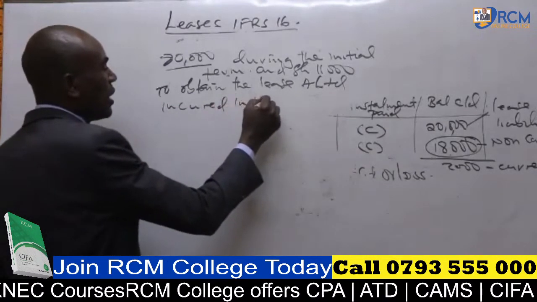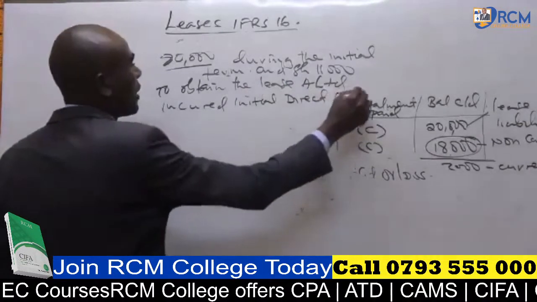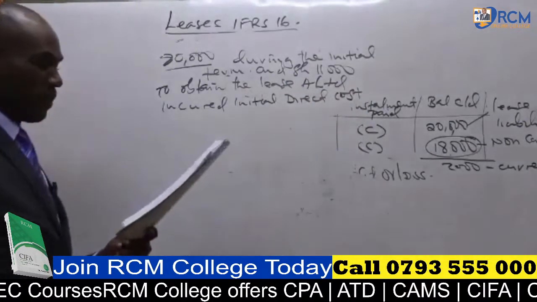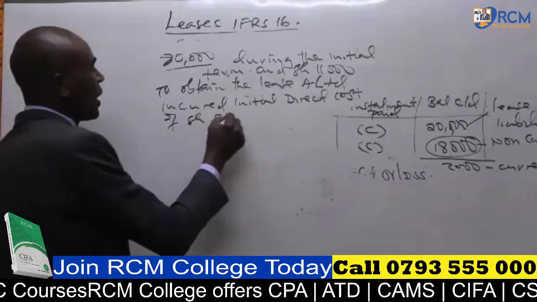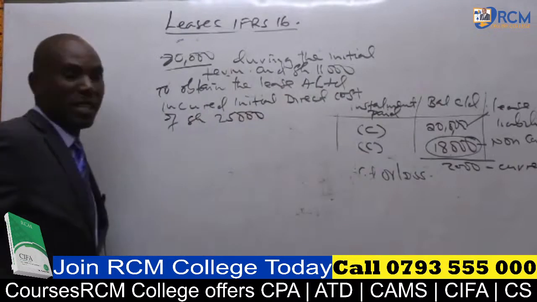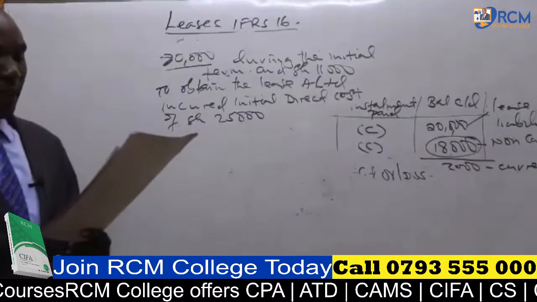Initial direct cost of shillings 25,000.